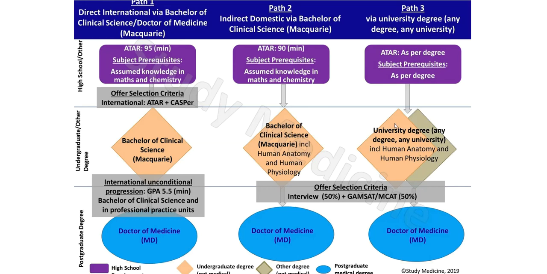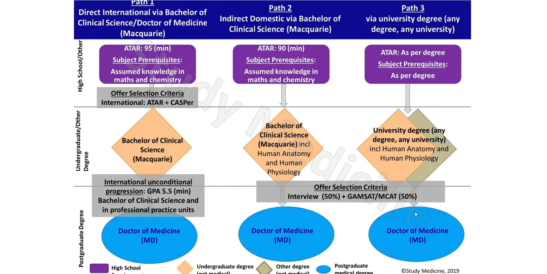But the key thing to apply for medicine at Macquarie is that that university degree has to have included human anatomy and human physiology as prerequisites, and Macquarie actually have a prerequisite checker to make sure that previous degrees have included the right types of subjects to cover off the human anatomy and human physiology requirements. Like Path 2, once you finish that degree, you are competing with a whole lot of other students based on your interview outcome and your GAMSAT results in order to secure a place.